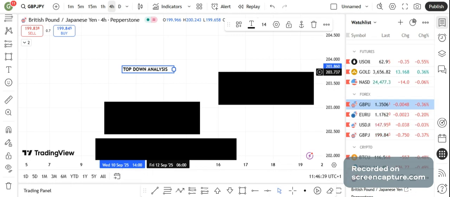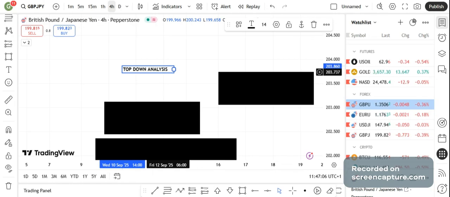Each time frame has its own level of momentum. You can see a very big weak rejection on the daily time frame, but by the time you go to the 15-minute time frame, you see that price sold heavily.